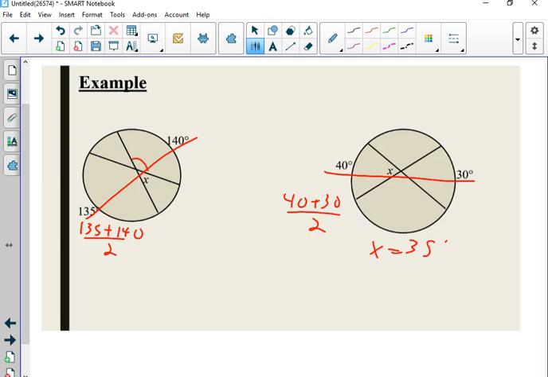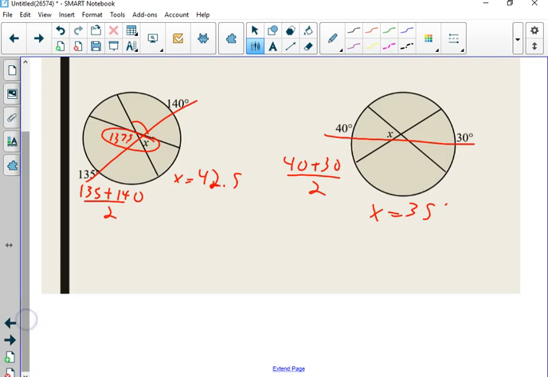So that would make this angle here 137.5. These two are supplementary. So if you just did 180 minus 137.5, x equals 42.5. That's one way to go about it.